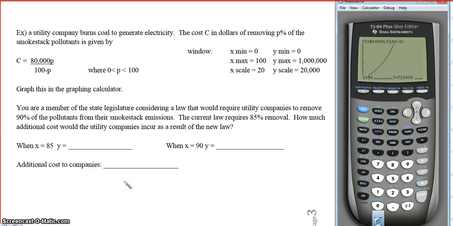I know that at 85, it was costing the companies $453,333.